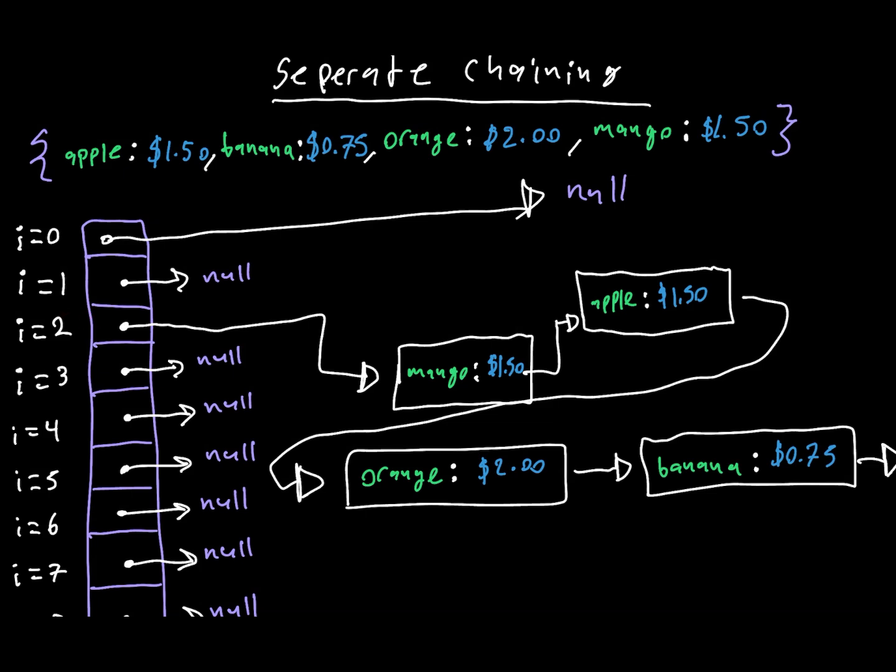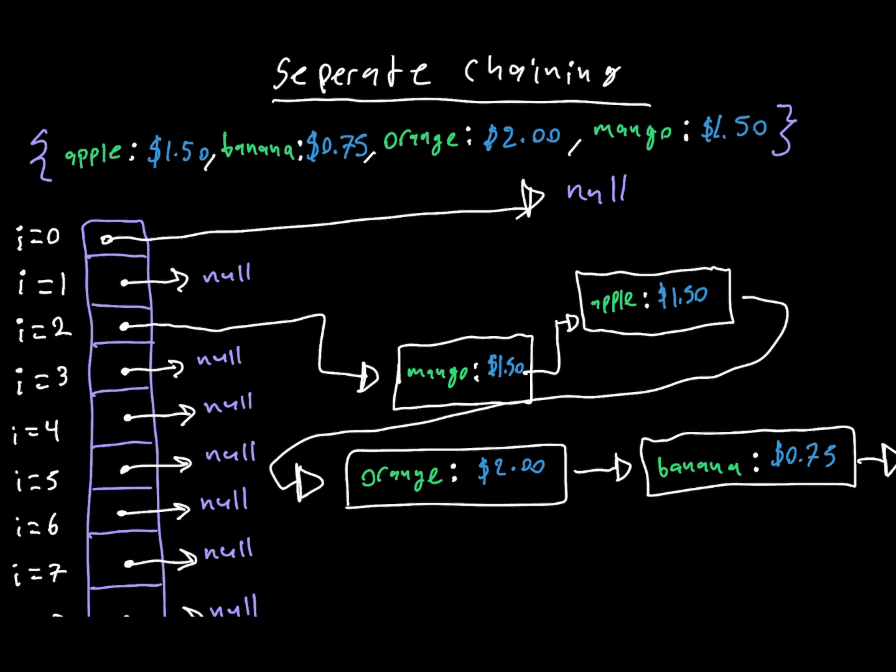So if we wanted to search for banana, we would go to index 2 because that's what our hashing function resulted in, and we would have to traverse every single node until we hit banana. What happens if we wanted to delete? Again, we would have to go to the index that resulted from the hashing function, go and find our node, and then we could delete banana, right?